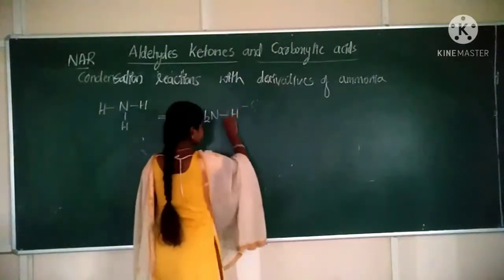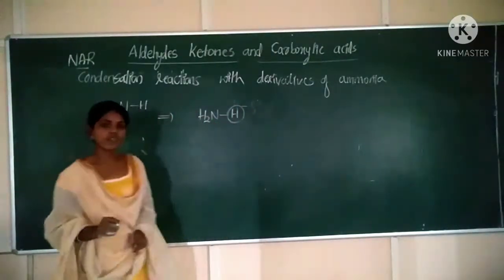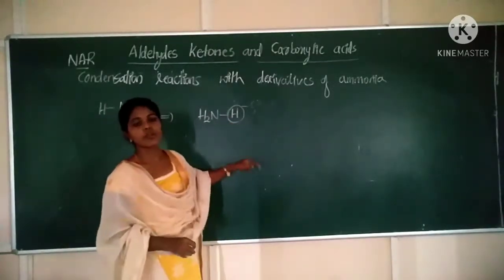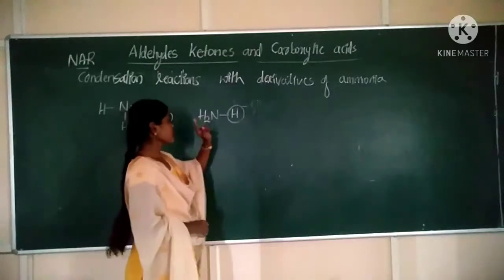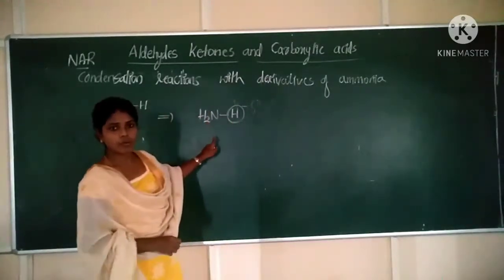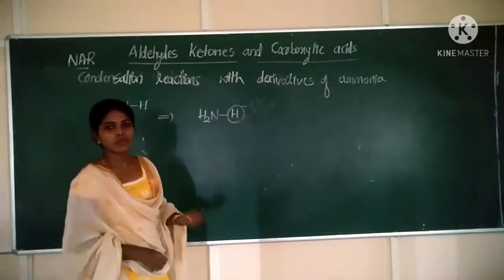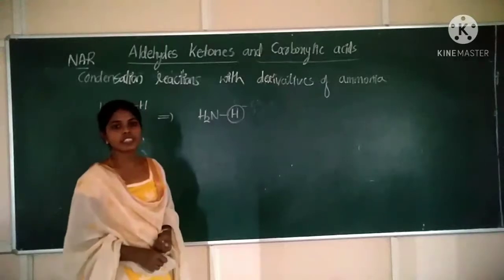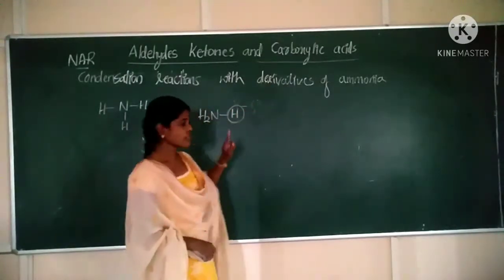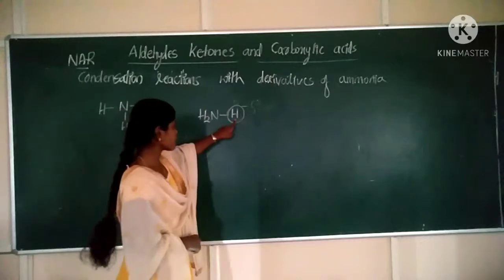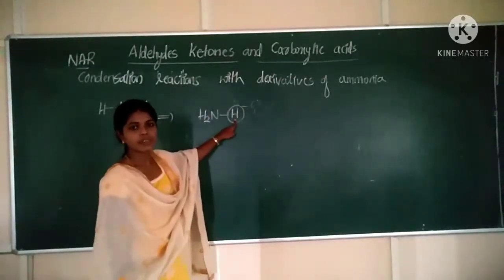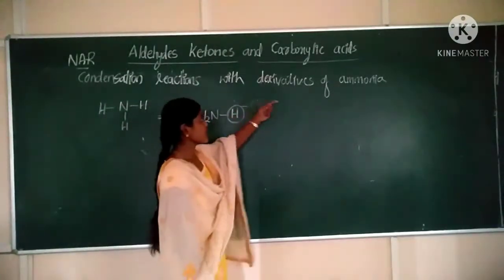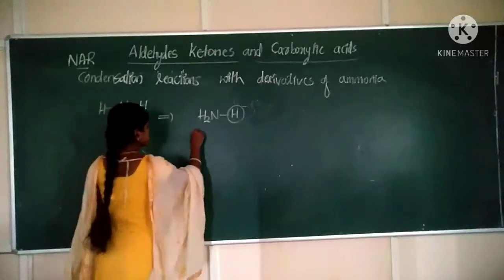Now, if I replace one of the hydrogens of ammonia by different groups, for example OH, NH2, at that time those molecules are said to be what? Derivatives. Now one hydrogen of an ammonia molecule is replaced by different groups. At that time the compounds formed will be called derivatives of ammonia. Clear?